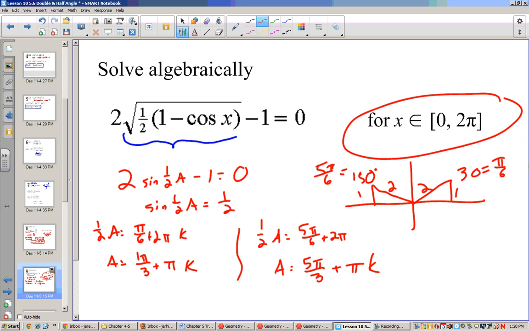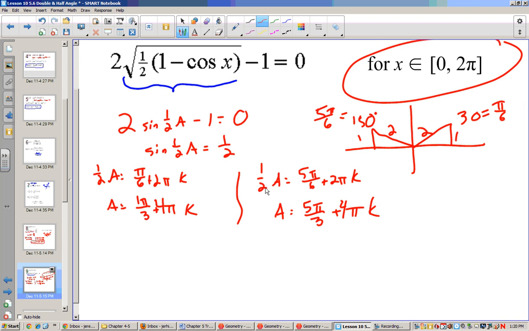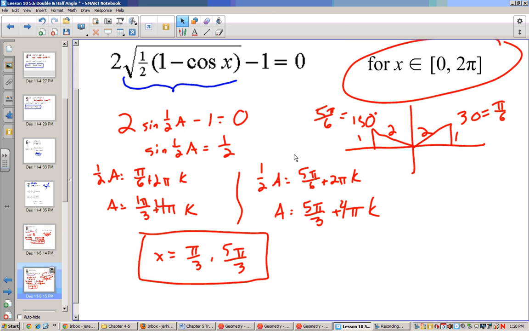Oh, and then if I'm not thinking correctly, that would actually be 4 pi because I'm multiplying by 2. All right, hopefully my mistakes didn't confuse you too much, but this is how it should be. So I have pi over 3, 5 pi over 3, and now when I add 4 pi to both those, it goes outside of my range, and I'm all done.